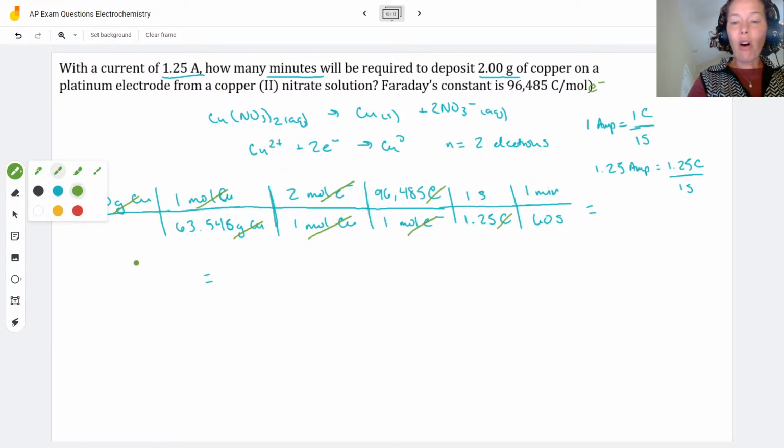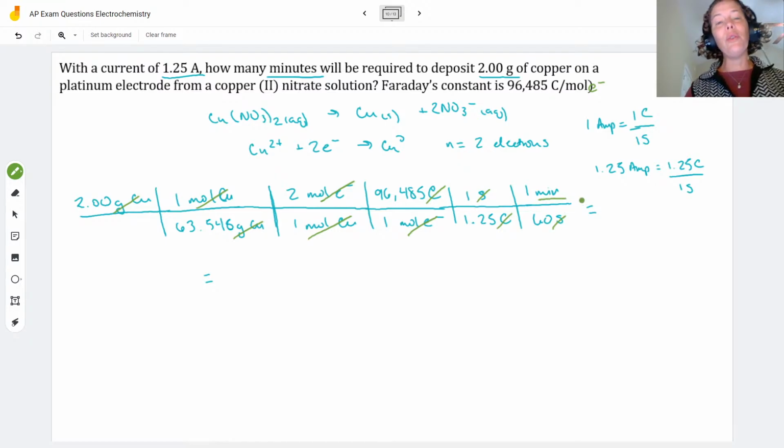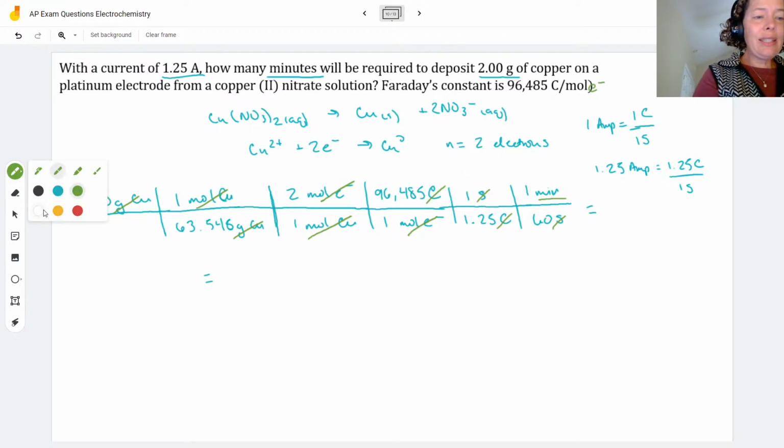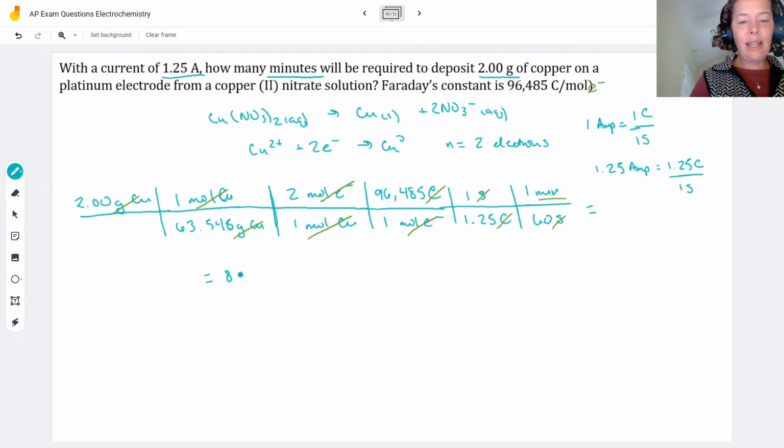So it is all about your units canceling until you get the unit that you want. So you're just stringing together conversion factors in a really, really long dimensional analysis. And this gives us 81.0 minutes.